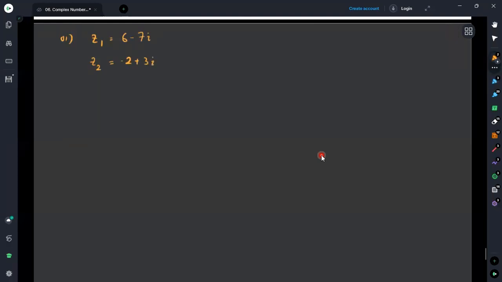Here what we need to do is get the quotient of Z1 and Z2. Instead of getting the quotient, we can consider Z1 multiplied with the multiplicative inverse of Z2. The multiplicative inverse of Z2 can be considered as the conjugate of Z2 divided by the square of the modulus of Z2.